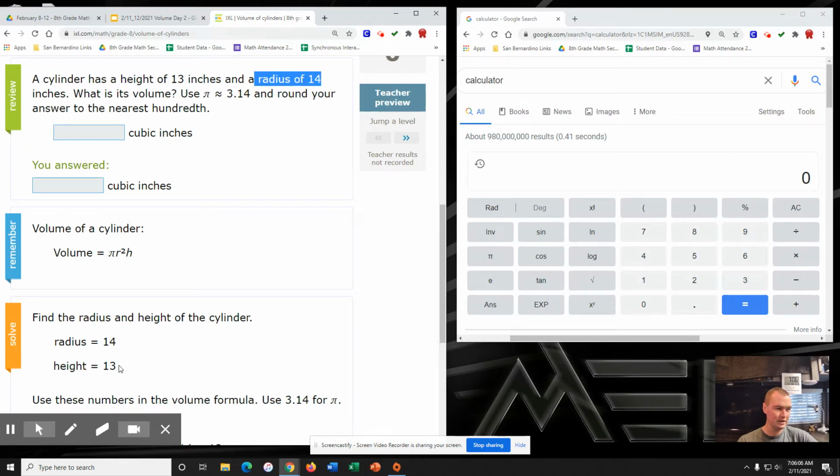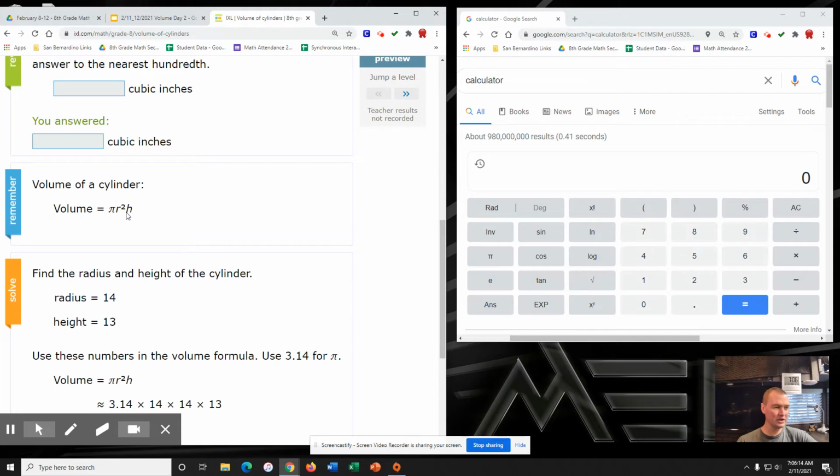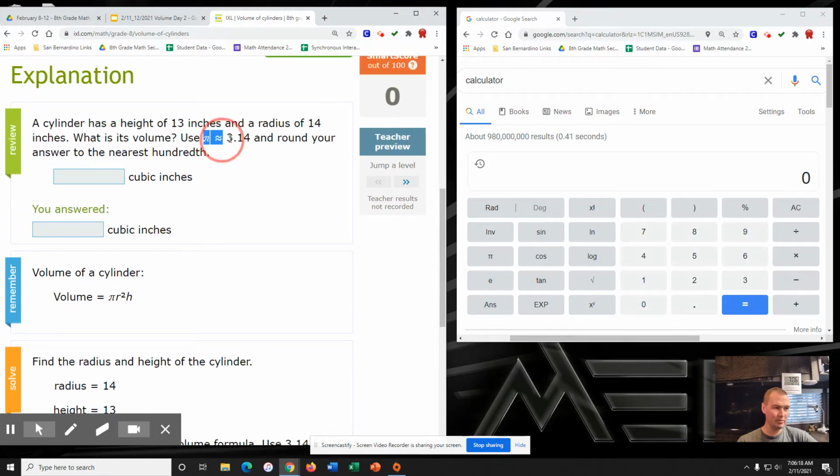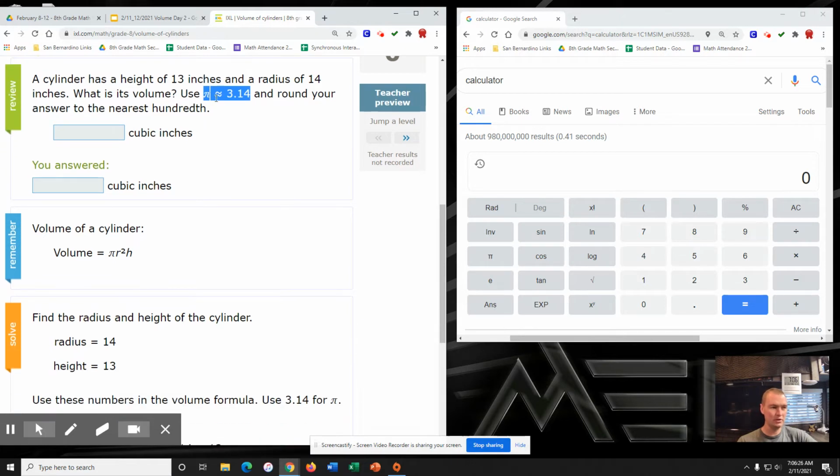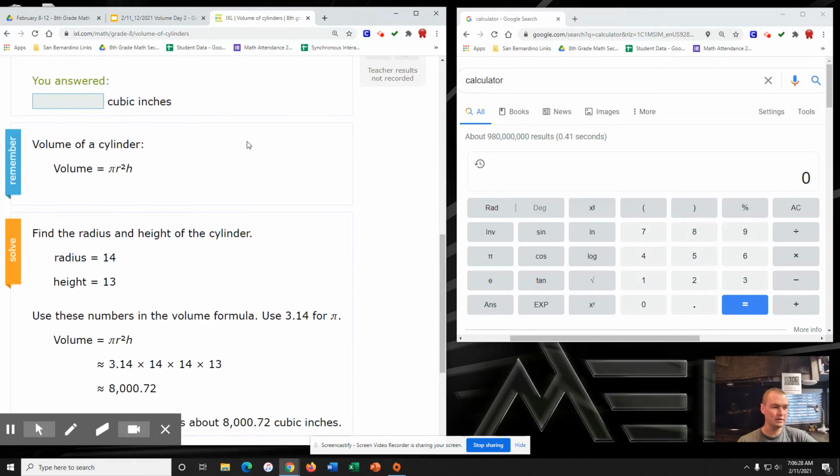The height of 13 was also given in the word problem. So they're telling you what to plug in. The only thing I'm not sure of is pi, but I believe the problem said pi is going to be 3.14. There's a longer version of it, but we're just going to use pi to the nearest hundredth.